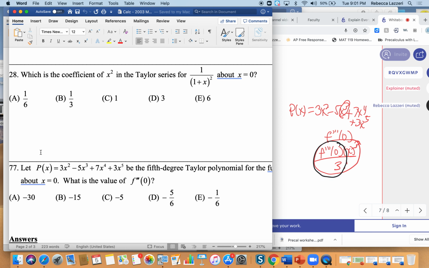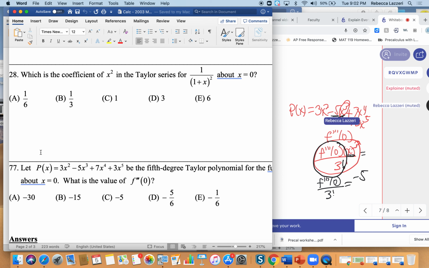By the very fact that I have negative 5 as my coefficient, I know that f triple prime of 0 over 3 factorial, there's a factorial in there, has got to work out to be negative 5, because that's my coefficient of x cubed.